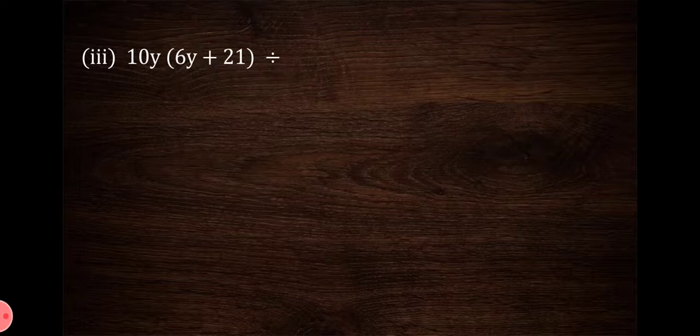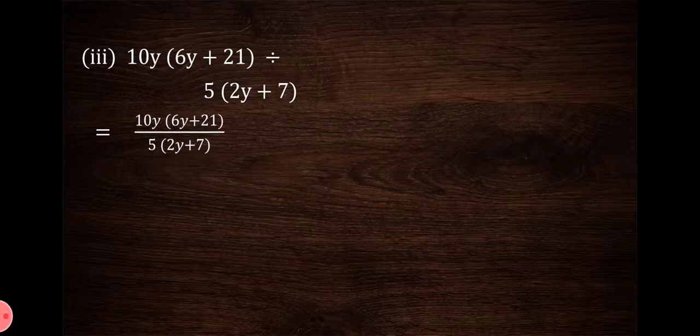Next, question number 3. 10y into 6y plus 21 divided by 5 into 2y plus 7. Let us write this in fraction form, that is equal to 10y into 6y plus 21 upon 5 into 2y plus 7. Now 10y is already common in the numerator.